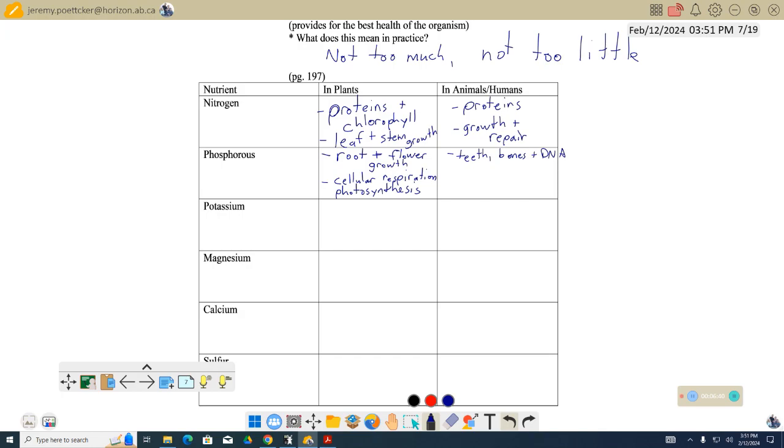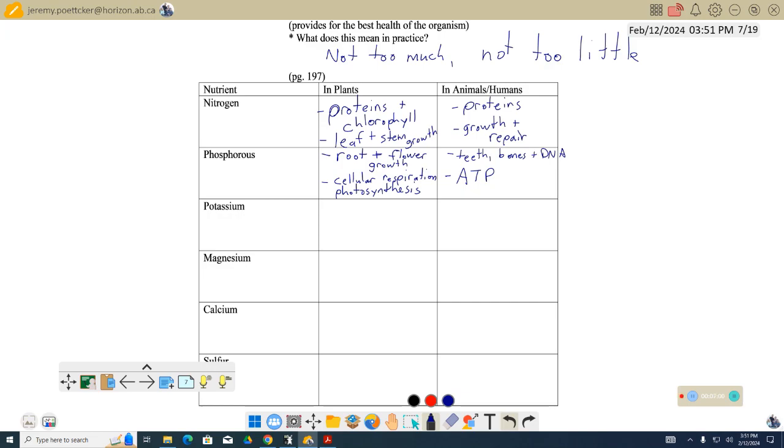It's used in lots of different metabolic reactions, both in plants and in animals and humans, in the form of ATP. So I'm going to give you this ATP. We're going to talk more about that later, but it does use phosphorus.